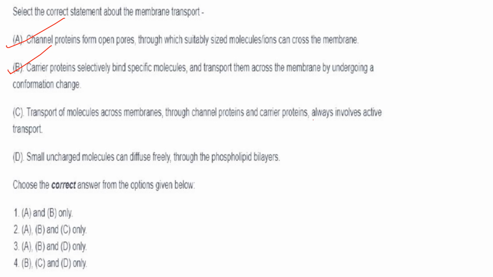So always involves active transport is not correct. Small uncharged molecules can diffuse freely through phospholipid bilayers. That is also correct. So A, B, D, that makes the answer option 3.